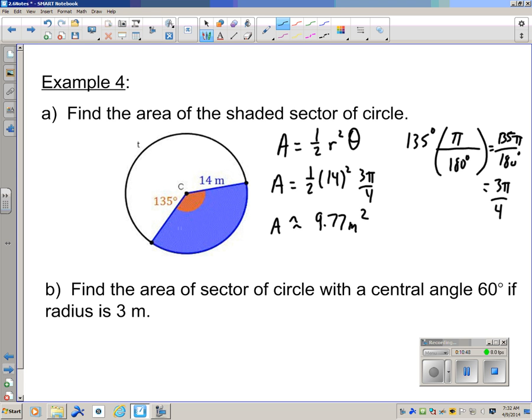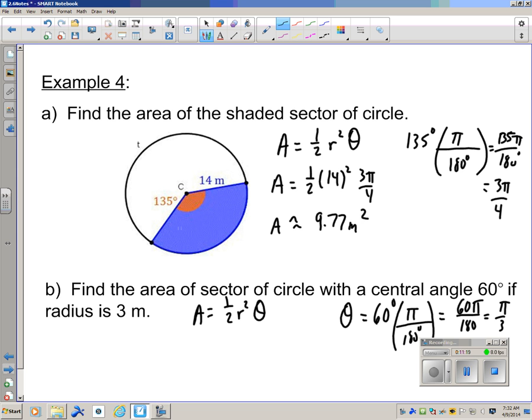So let's do another one down here. Find the area of a sector of a circle with a central angle of 60 degrees if the radius is 3 meters. So same thing. Area is equal to 1/2 r squared theta. So 60 degrees, I can convert that. Theta is equal to 60, and degrees is up here, so I got to put degrees down here. And I get 60 pi over 180. Reduce that down, and I get pi over 3.